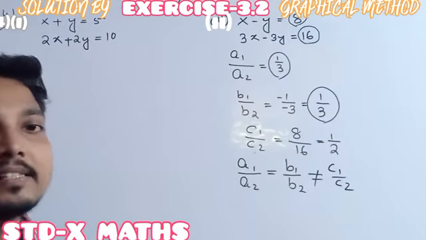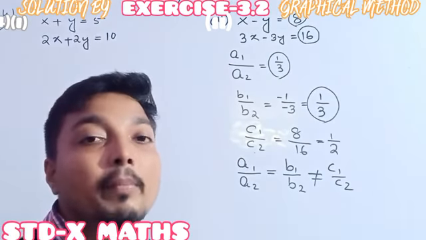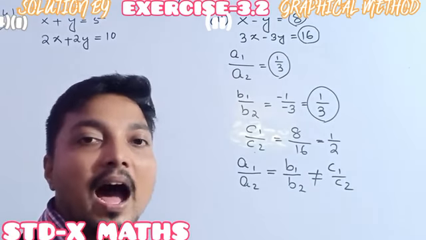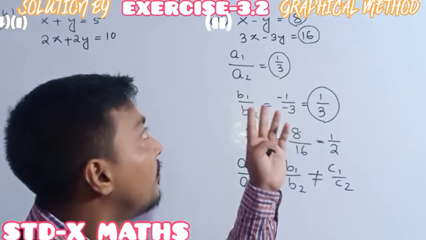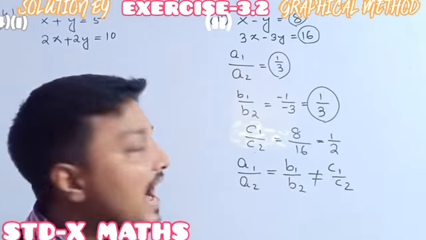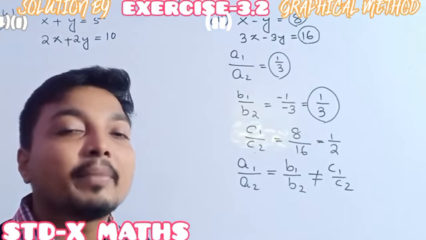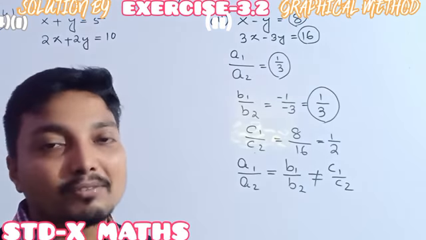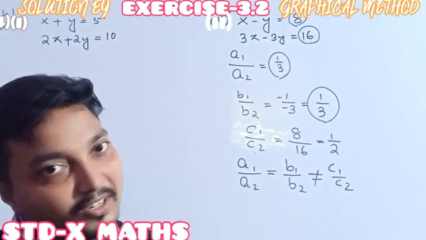So in the graphical representation both lines will be parallel to one another. As the lines are parallel, we call the pair of linear equations inconsistent. As it is inconsistent, there is no need to do its graphical representation to find its solution, because its solution cannot be found. Understood? Perfectly understood this question.